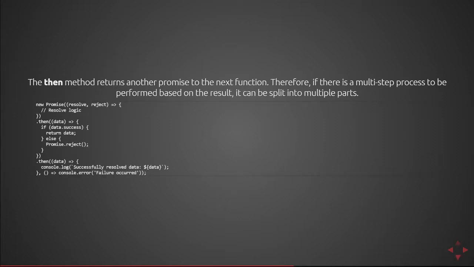So here we have an example. The new promise is created, and on that promise we have a function that says if data.success, return data, otherwise reject the promise. We then chain another .then on it and say console.log successfully resolved data. And in the error case, we say console.error failure occurred.